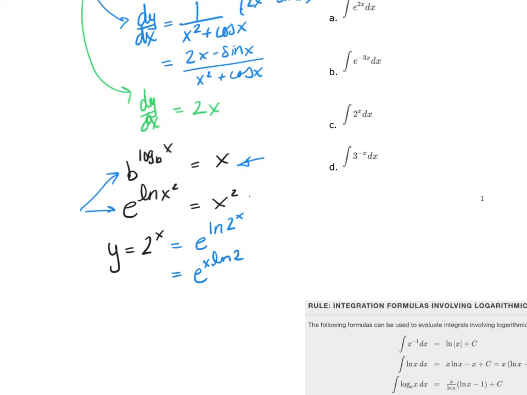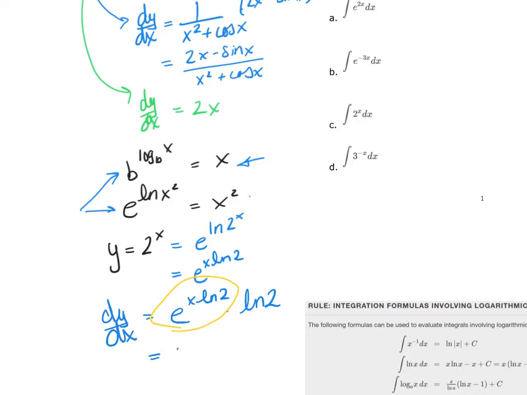Now I'm going to do my derivative the way I normally do my derivative. So dy/dx is going to be e to the x natural log of 2, multiplied by the derivative of that, which is just going to be the natural log of 2, because the derivative of x is just one and the natural log of 2 is a constant. This part right here gets replaced with what we started out with.